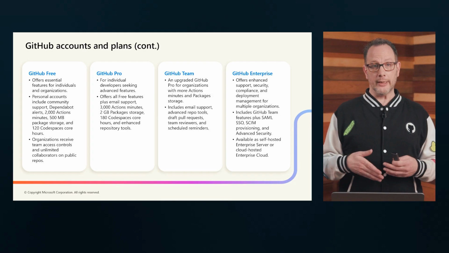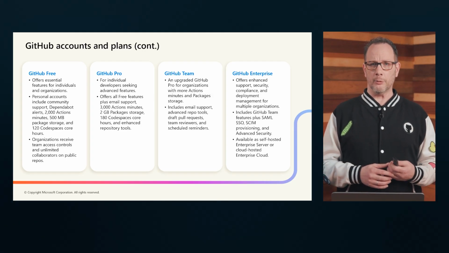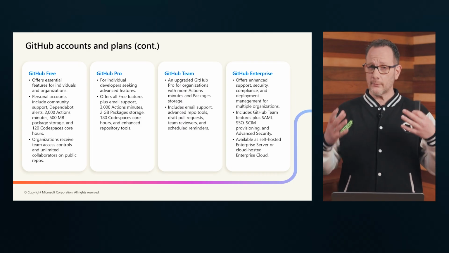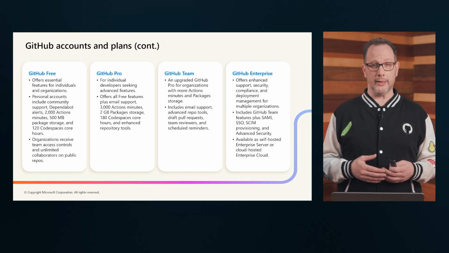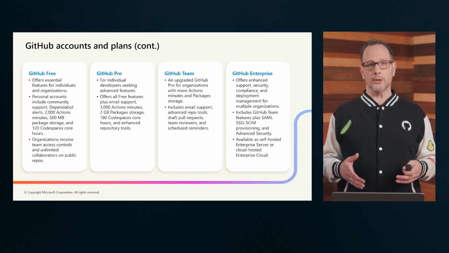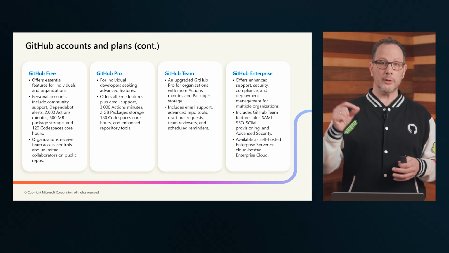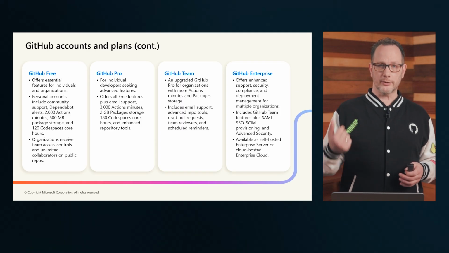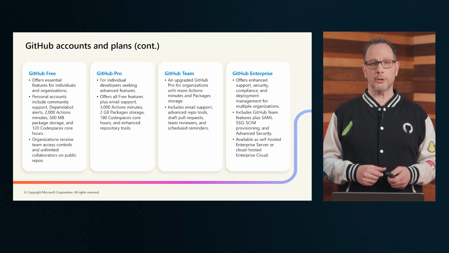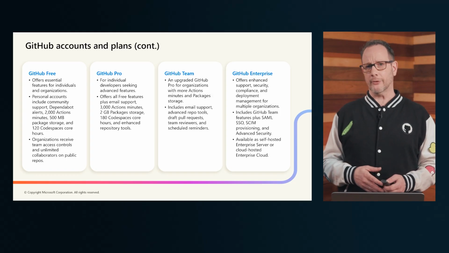GitHub Enterprise layers on additional security, compliance, and identity capabilities. Things like SAML single sign-on, SCIM identity provisioning, and GitHub Advanced Security. If you're working in a large engineering organization, this is where you see the biggest benefits. Consistent security policies, advanced automation, and flexible deployment options in either cloud or a self-hosted environment.